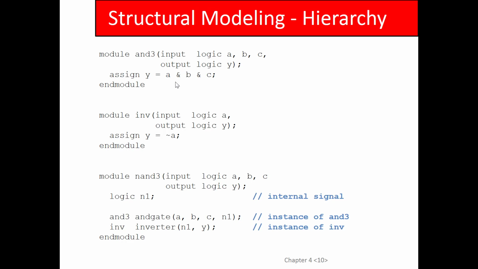But also notice that the connections are being made according to their position. A is first, B is second, C is third. That way they're connected to the first 3 inputs, because up here A was first, B was second, and C was third.